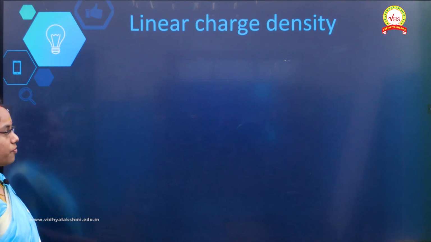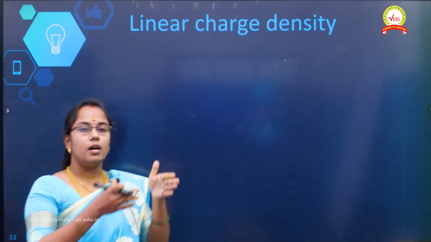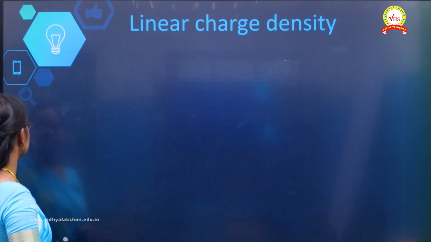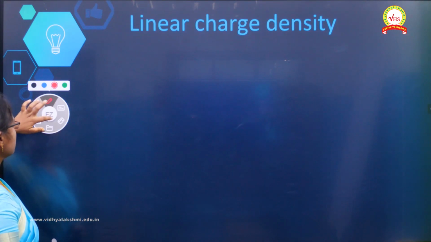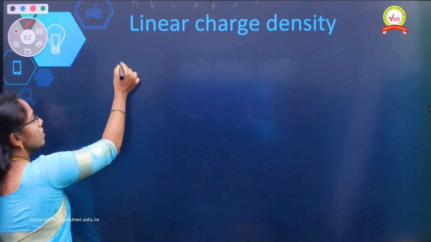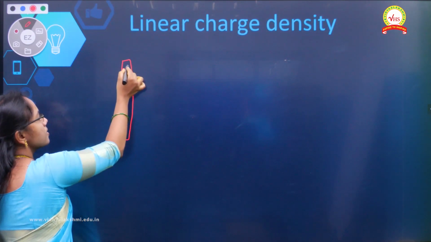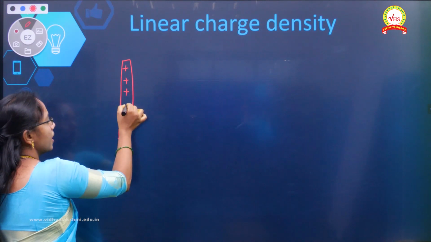Linear charge density is where we have a single dimension. Suppose you have a straight line, and charges are spread over this line.